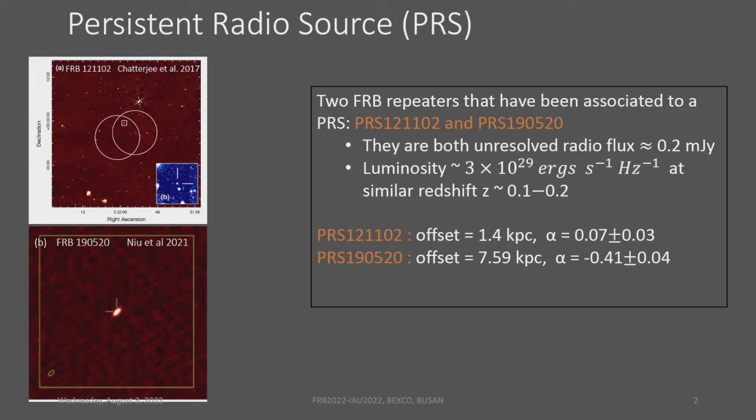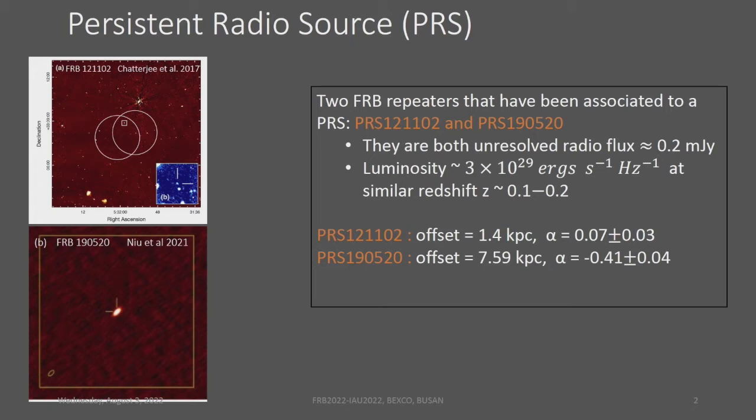Okay, so to date, we now have associated two repeating fast radio bursts to a persistent radio source, which I will be calling PRSs going forward in the talk. And the last presenter has described these persistent radio sources very well. I'll just mention that the two PRSs seem to have some similar characteristics, like their flux is of 0.2 millijansky, and they have luminosity of 10 to the power 29 erg per second per hertz.